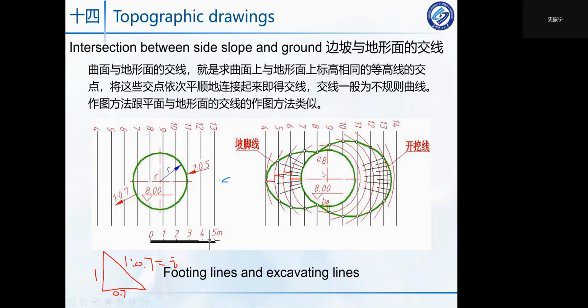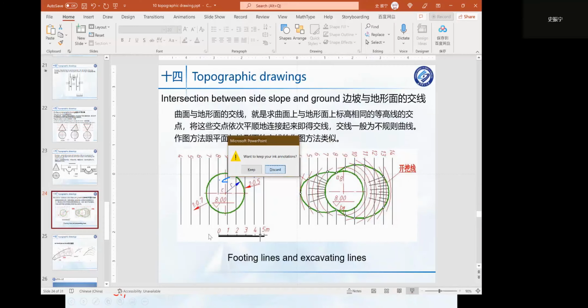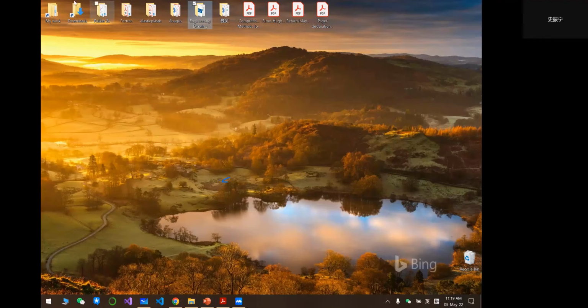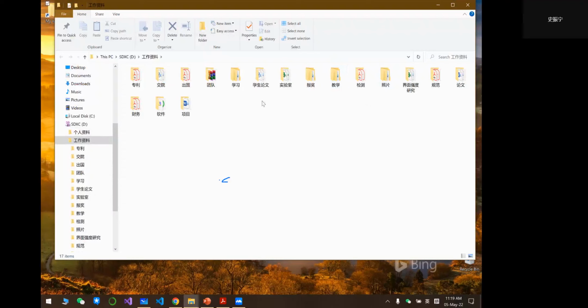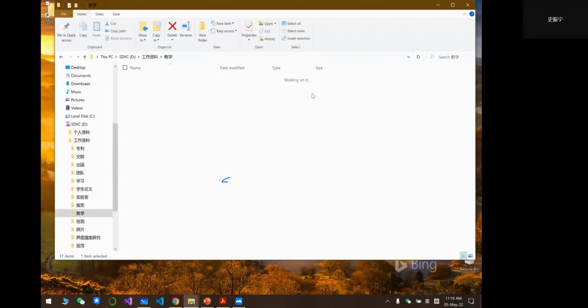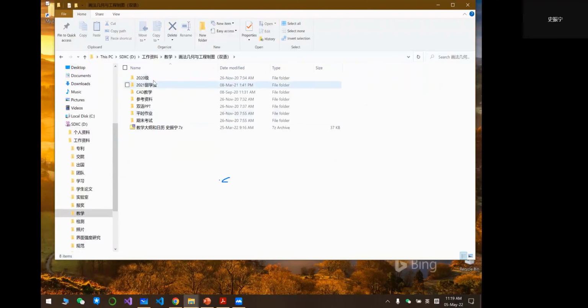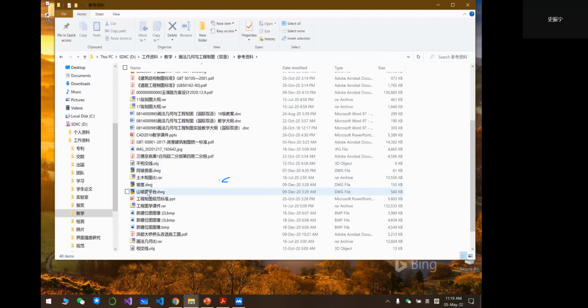Okay, so this is a two-dimensional drawing, and I will show you the real one. Please wait. I will show you the real one. Okay, this one.